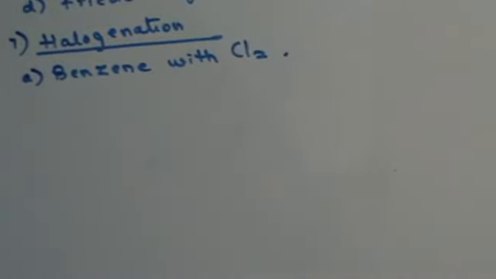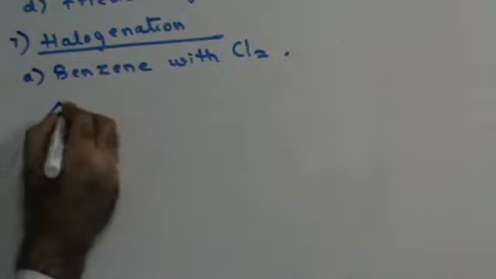Now you will say, sir, you've already done that reaction. You've already done benzene with chlorine, right? Now, how do I know that it is going to be a substitution reaction or is it going to be an addition reaction? The difference is going to be in the catalyst. If you have benzene reacting with chlorine in the presence of sunlight, then it is going to be an addition reaction.